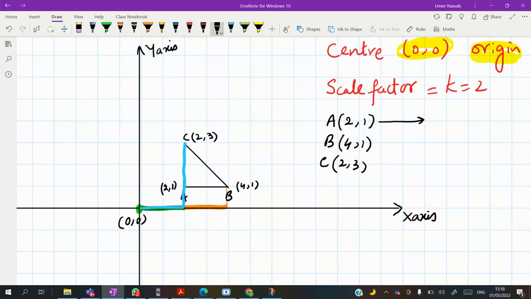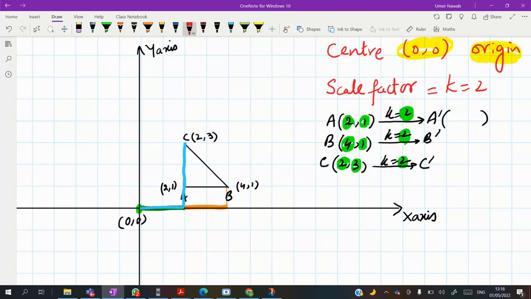Now you want to get the new 3 points of the enlarged shape. So I call them A dash, B dash, and C dash. Your scale factor is 2. Now you need to multiply this scale factor with the x coordinates and the y coordinates.